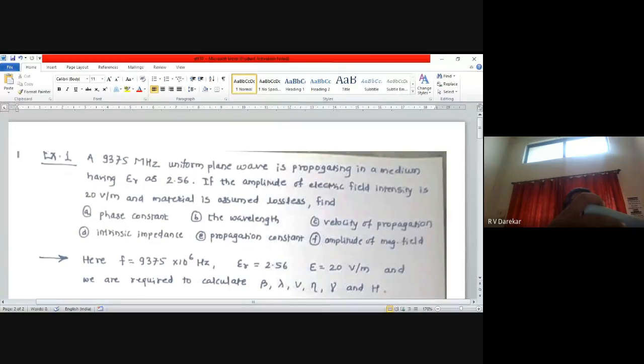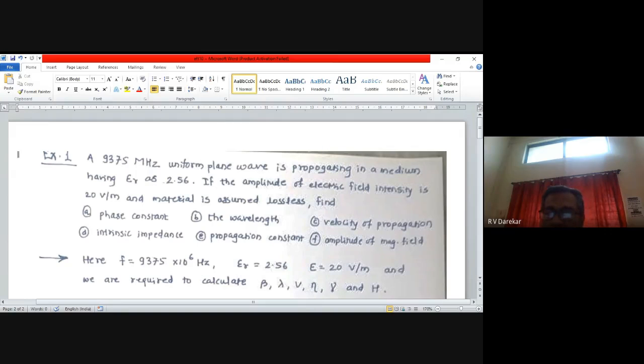Okay, so here we can see that there is a uniform plane wave with a frequency of 9375 megahertz. Now, what is this megahertz? I think it is not required to tell all the sincere students of the class, because all of us know that megahertz is the unit of frequency of an electromagnetic wave.